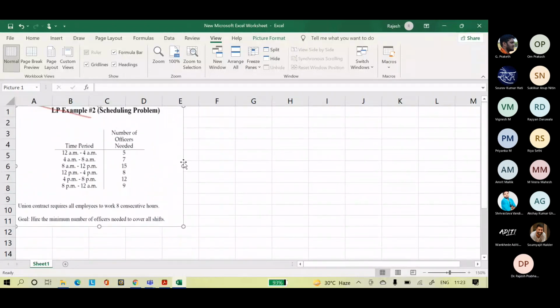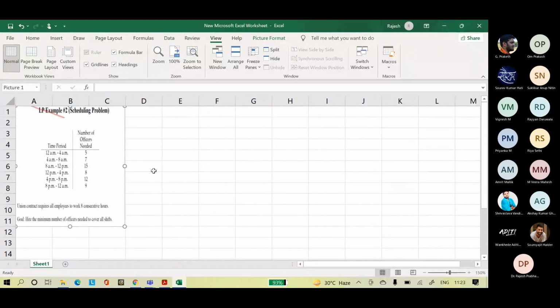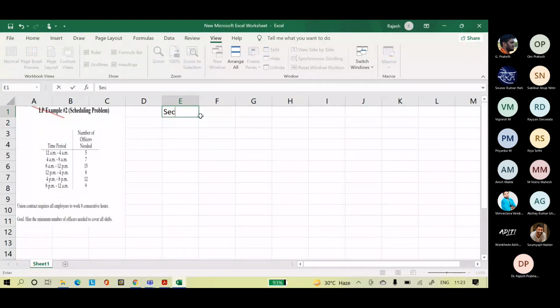All right. Got it, all of you? So this is your security officer scheduling, a job scheduling problem.